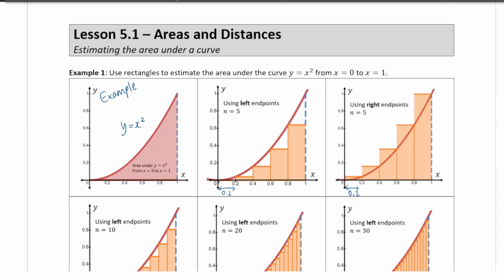This is how you would go about doing this. In the first segment, the point on the left is at 0, so we would just have a rectangle with a height of 0 to start with. Then at the next one, we go up to meet the function where it's at and draw our rectangle over from there. Then for the next one, again, go up to the height of the function and draw your rectangle over from there. And then again, up to the height of the function, draw your rectangle over from there.